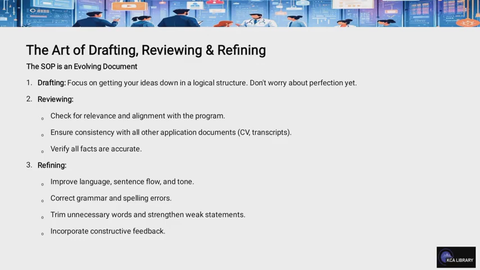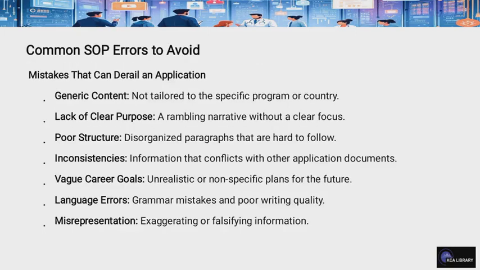Also, you verify that all facts are correct. Then you go to refining, where you improve language, sentence flow, and tone. You also correct grammar and spelling errors, trim unnecessary words and strengthen weak statements, and incorporate constructive feedback in this section.